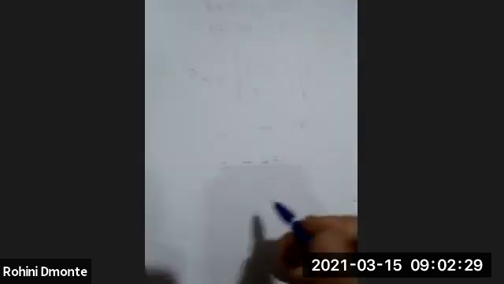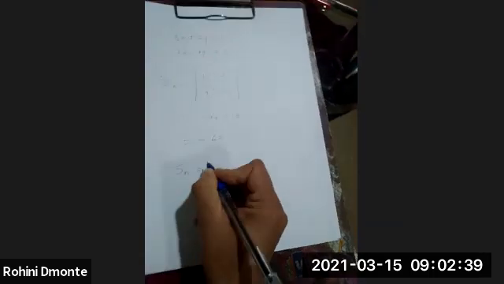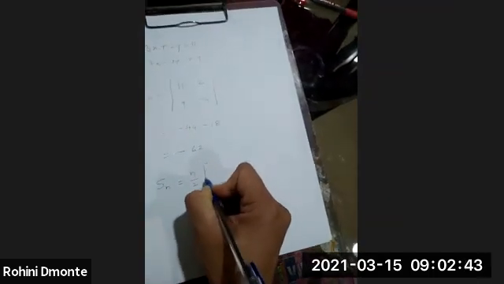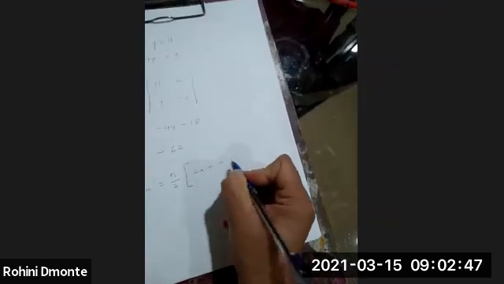Now, let us do this sum. I'm just writing the formula. Sn is equal to n upon 2 in bracket 2a plus n minus 1 into d.